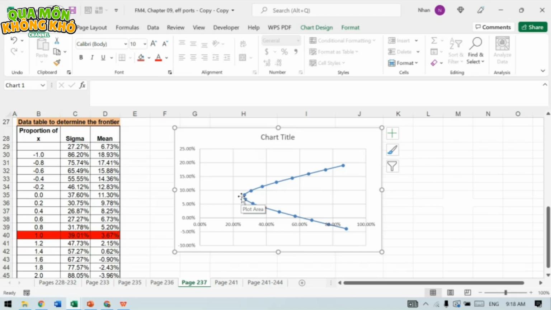In this case, the GMVP, the global minimum variance portfolio here, has a return of roughly 7% or 8%. So just use a constant a little bit less than the return of the GMVP, and you can find the efficient portfolio. Yes, I got it. Thank you very much. Okay.